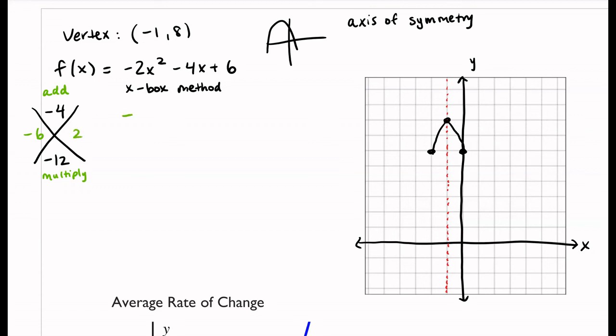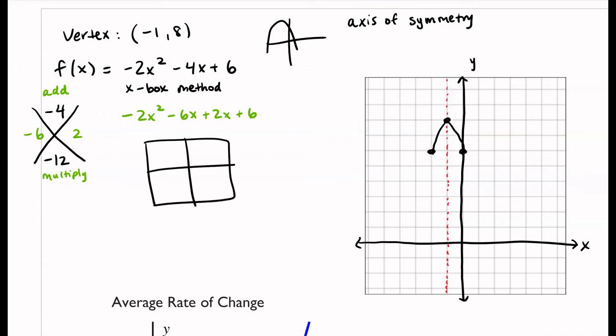So I'm going to go ahead and rewrite my equation as negative 2x squared minus 6x plus 2x plus 6. And now I'm going to create my box. And remember, the x squared term goes in the top left corner, and the bottom right corner is the constant term. And the other ones, you can put them in either position that remains inside of the box.